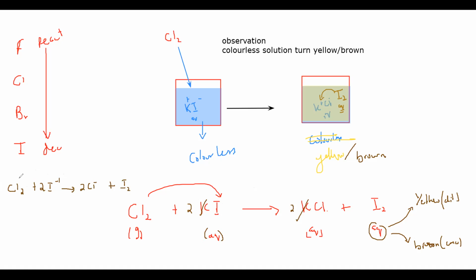So you can see, we can also say the more reactive halogen displaces the less reactive halogen ion from its solution or compound. Is it clear, the idea?